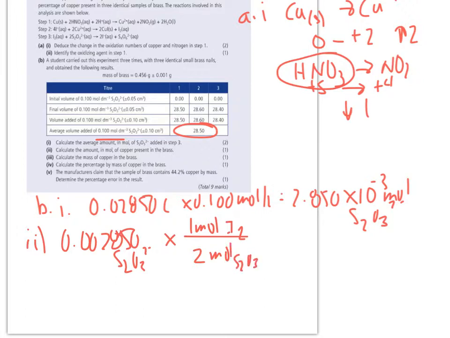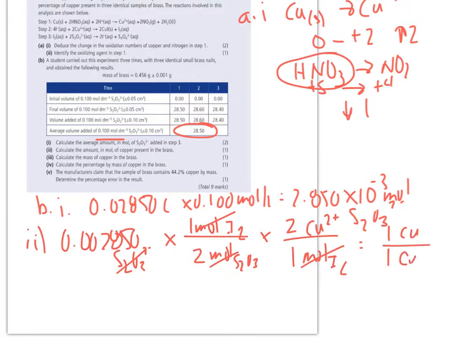And that would then change this to I2. And then I can furthermore see that I2 combines in, I believe it's the second equation, I2 is in a 2-to-1 ratio with the copper ion. And finally, the copper atom is in a 1-to-1 ratio with the copper ion.